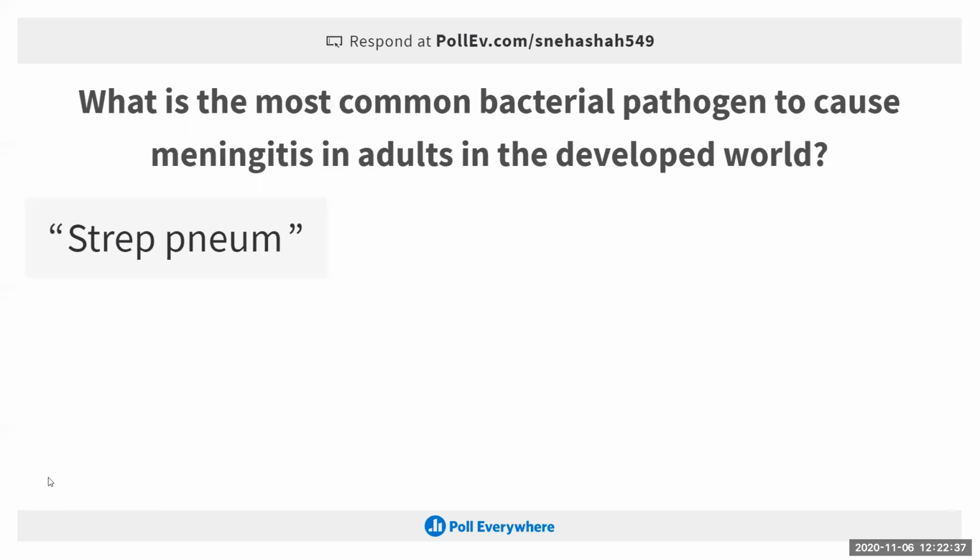I'll wait just a second to see if people have other thoughts. But yes, whoever answered strep pneumonia is correct. Strep pneumo is the most common bacterial pathogen to cause meningitis in all comer adults.